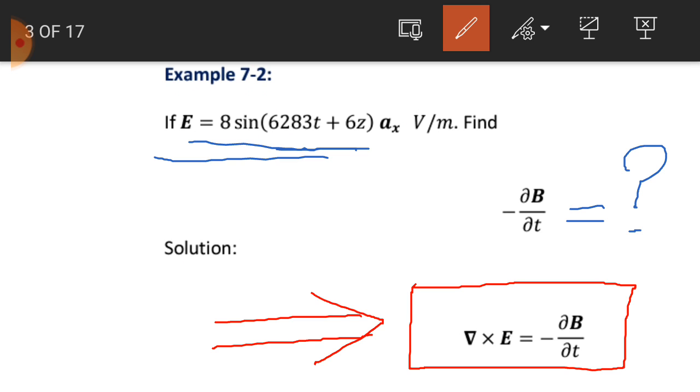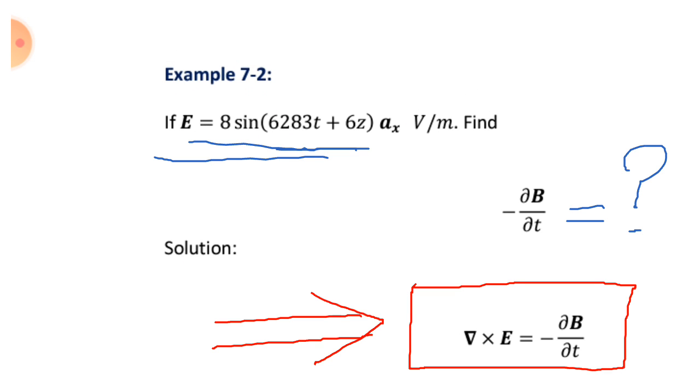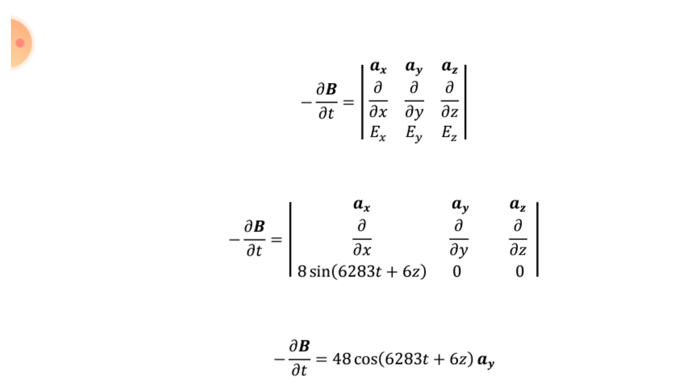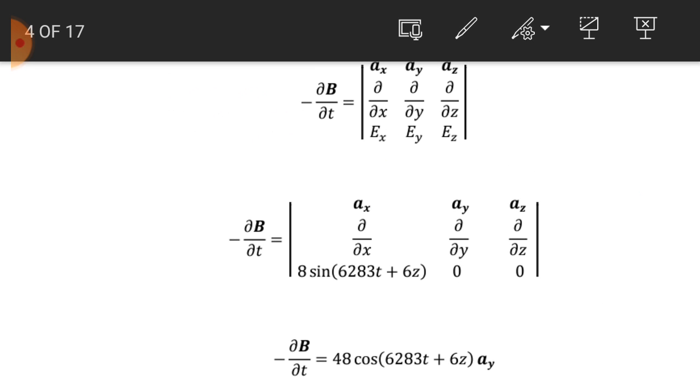So if we want to calculate minus curly B by curly T, we need to calculate the curl of the electric field intensity. As the electric field intensity is in the rectangular coordinate system, so we calculate minus curly B by curly T in the rectangular coordinate system.